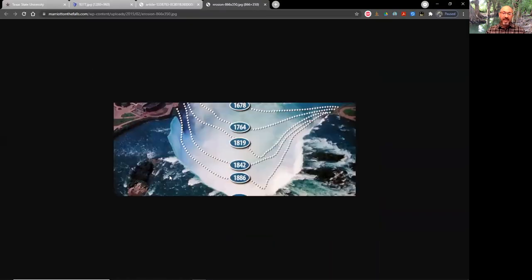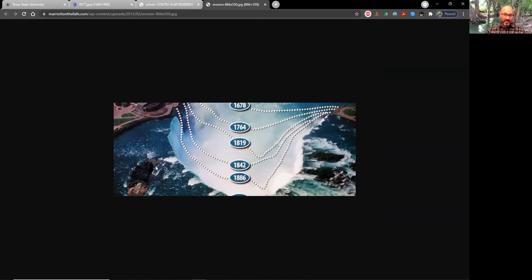If we just take a look at recorded history of when we started actually marking where Niagara Falls was, it's moved back about every 50 or 60 years. It's moved back a pretty large chunk from being right where it was when European explorers started recording it.